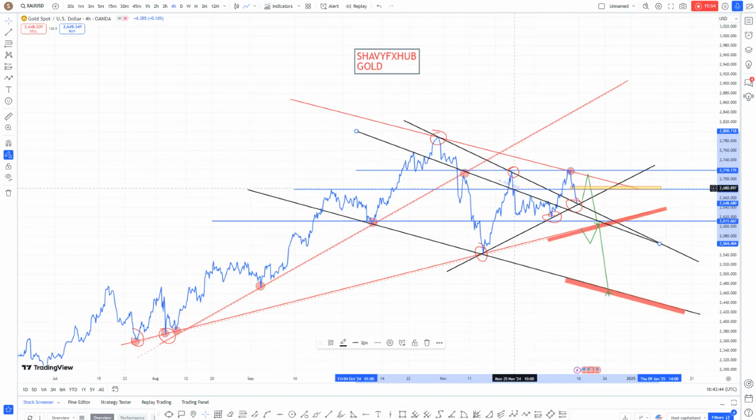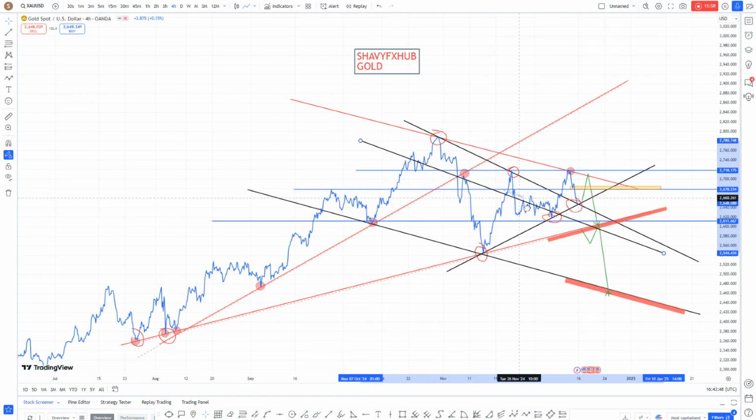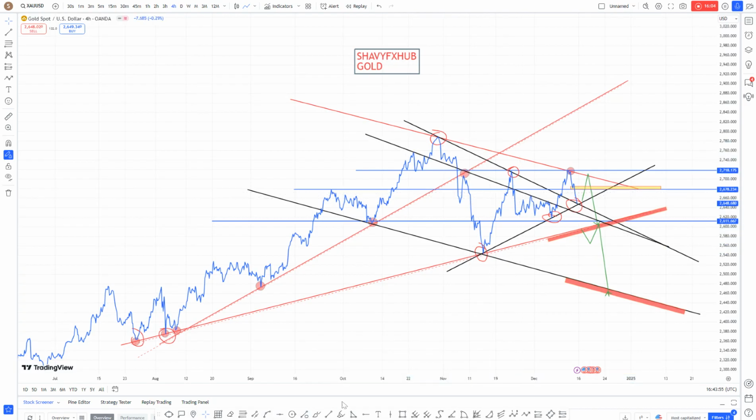When we broke the structure, we returned to respecting a resistance structure, again and again, then a breakout, and I want price to return back into this level.